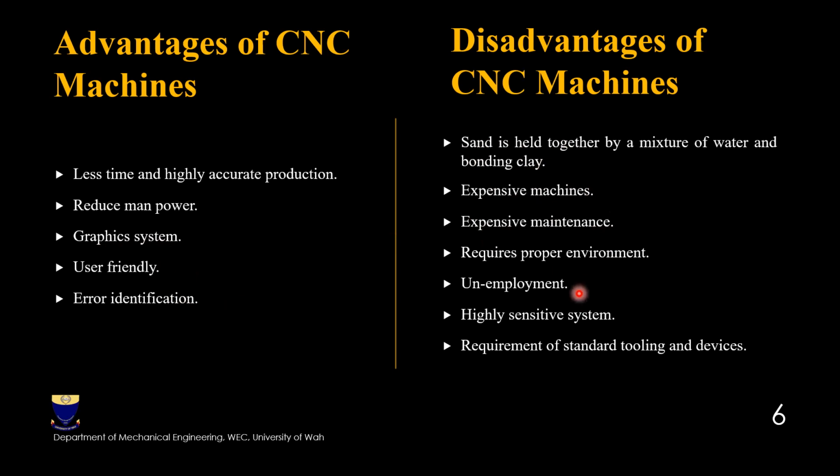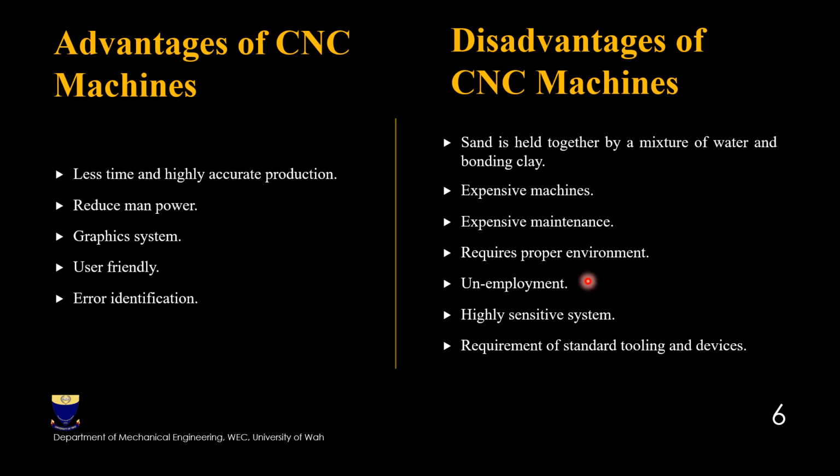Unemployment, basically, it uses a skillful worker, who needs to know which machine for which part and how the program is fed to that machine. So basically, if you have one CNC skilled worker, he can control more than one machine.